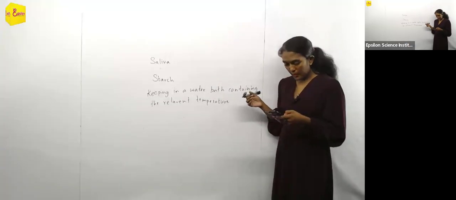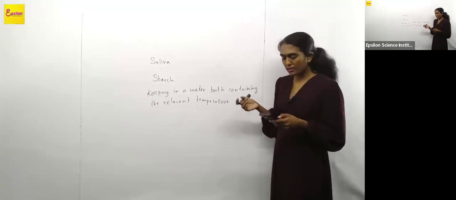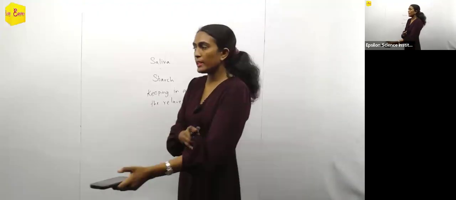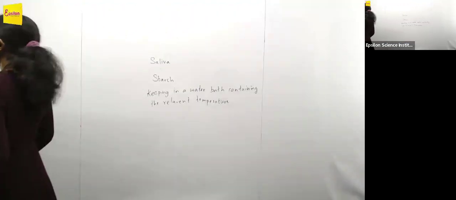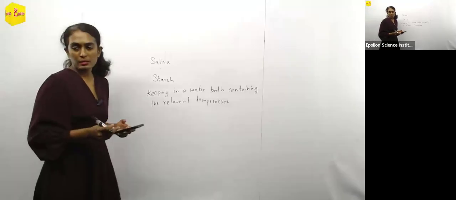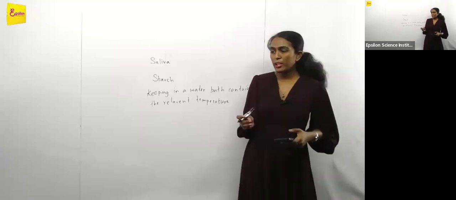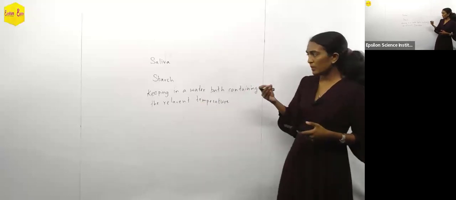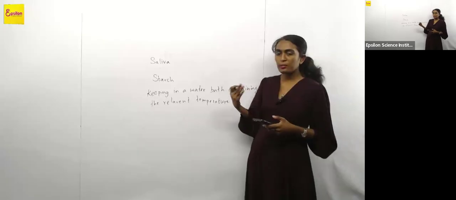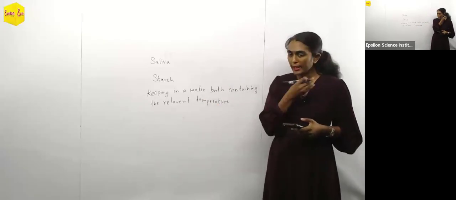Right. Next one. Why is it necessary to bring both to the same temperature? What is the reason why we are taking enzyme and substrate to the same temperature? Otherwise, what will happen if you are checking the effect of temperature? If the two solutions are at two different temperatures, that will affect the rate of reaction, right?